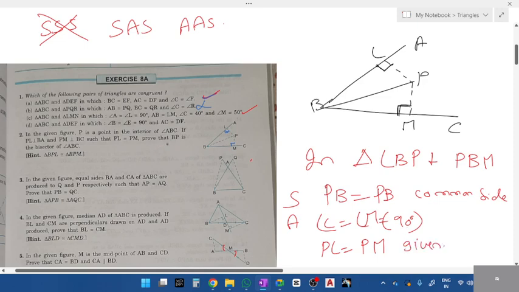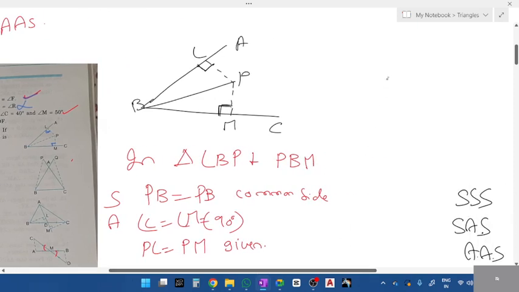So what you have to prove is that PB is the bisector of angle ABC. What do you mean by bisector? Look here. If you talk about angle bisector, let me take angle ABC. The meaning of angle bisector is that the line PB will divide the angle. For example, the entire value of angle B is 60 degrees.